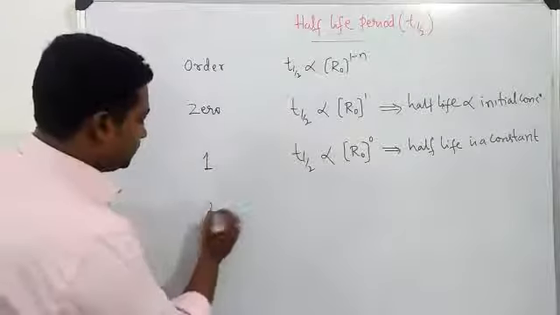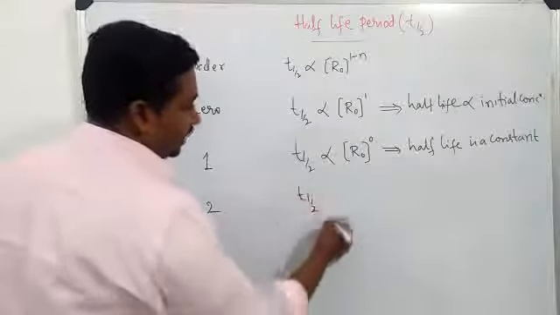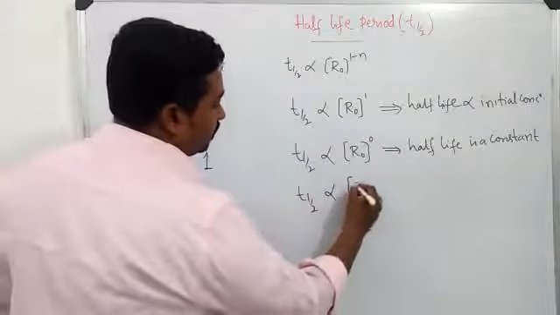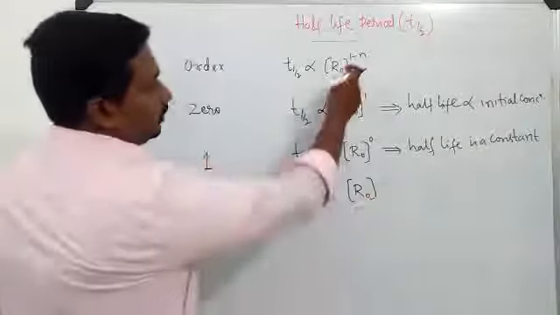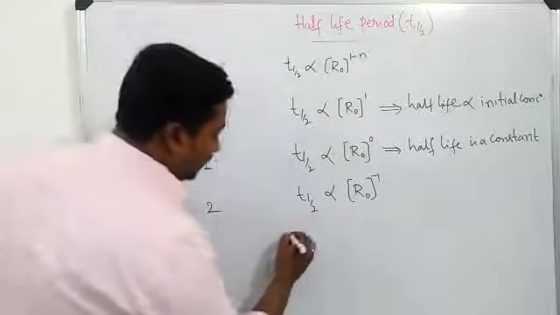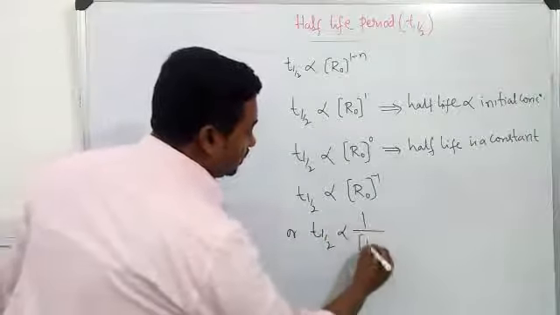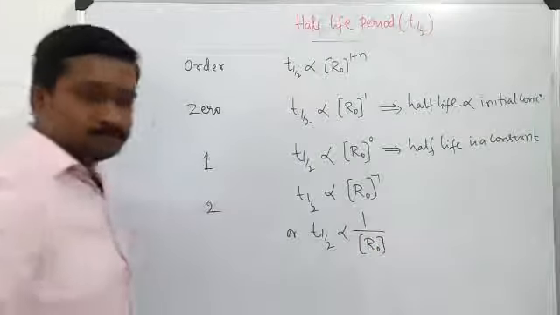Now I will extend this to second order. If the reaction is a second order reaction, then t half is proportional to R naught power 1 minus 2, which means minus 1, or I can write it as t half inversely proportional to R naught.